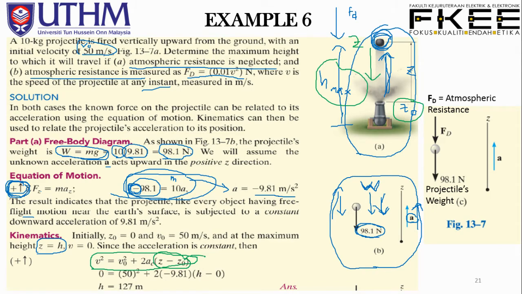This is the maximum z, or distance, we are going to calculate. Substitute the value of v naught, which is 50 meters per second, plus 2.